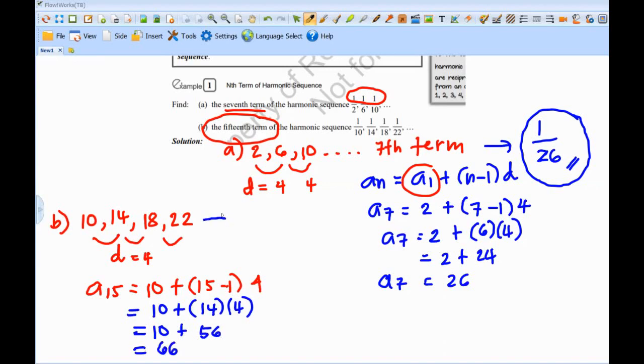So our 15th term is 1 over 66. You got it? We just use our formula for finding the nth term of the arithmetic sequence. Okay?